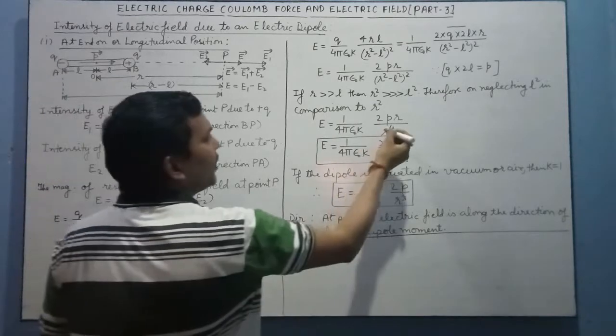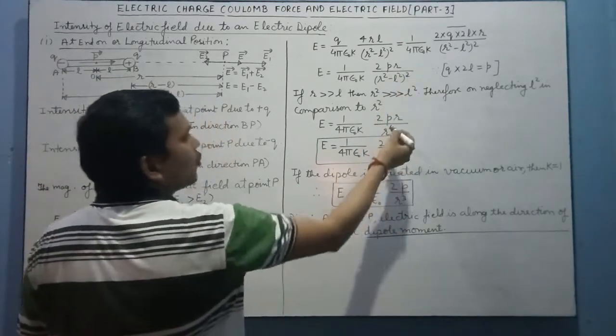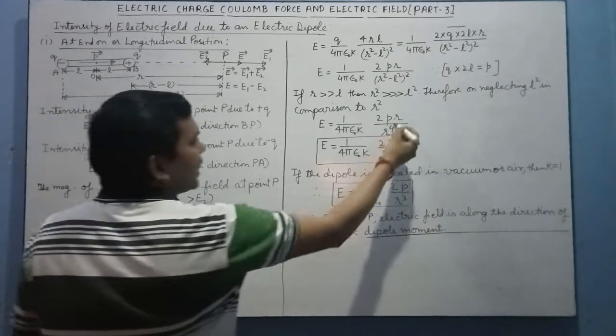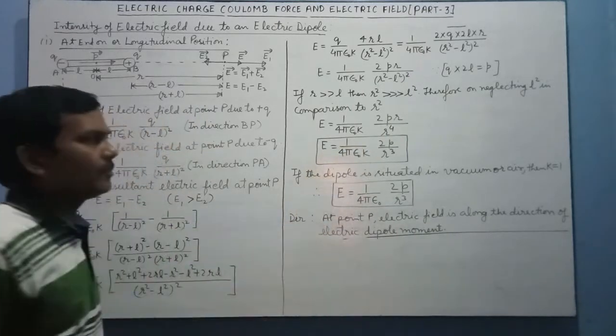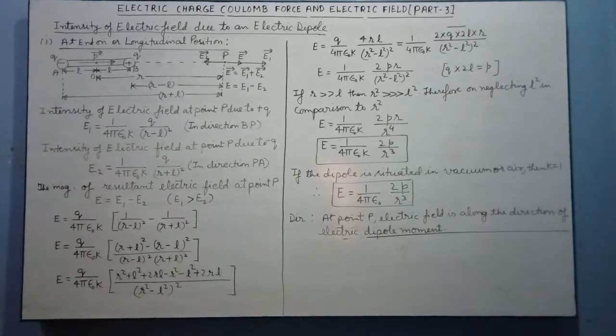So here we get R square means R to power 4. One R will cancel out, and we will here obtain E is equal to 1 upon 4 pi epsilon 0 K, 2P over R cube.